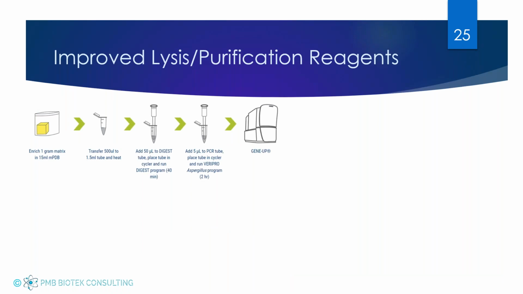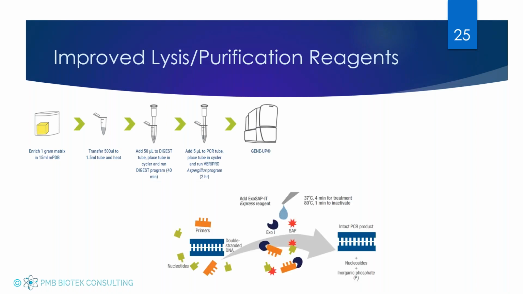So another technique that the companies are using is essentially improved lysis or purification reagents. And so what do we mean by this? There are certain digestion buffers from companies such as Invisible Sentinel or this Exo-Zapit reagent, that are part of the lysis process.